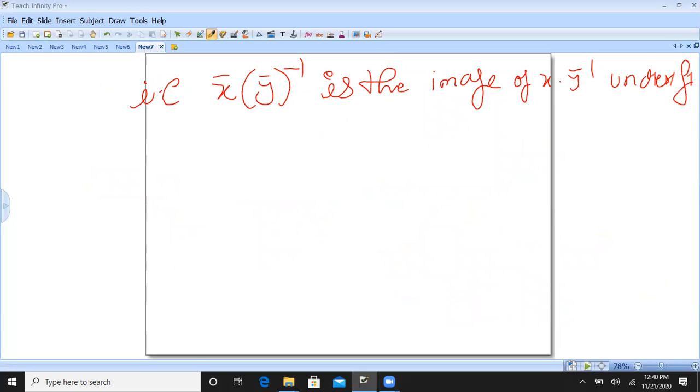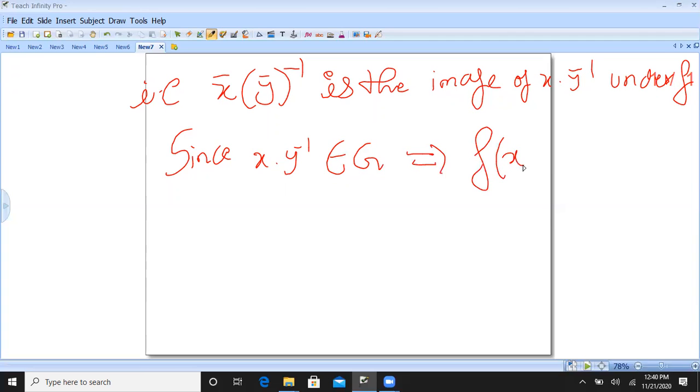Okay. Since x into y inverse belongs to G, that implies f of x y inverse belongs to f of G.